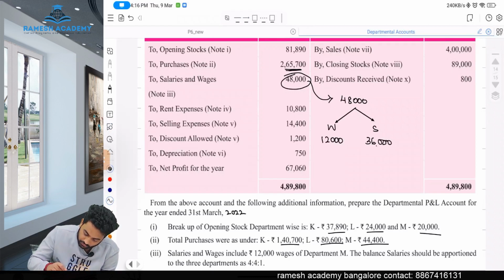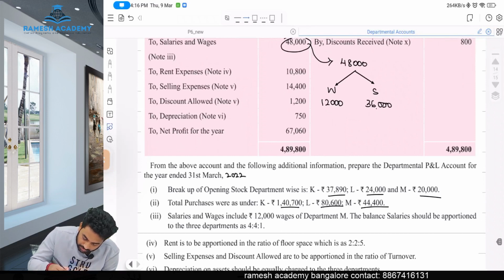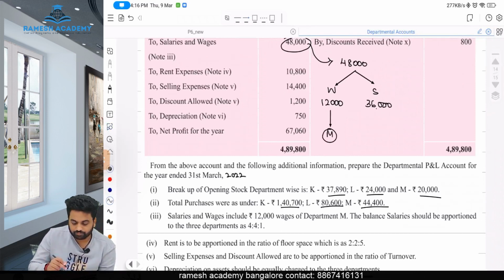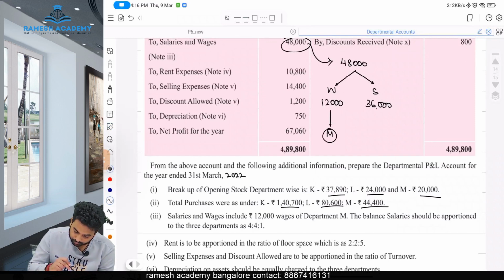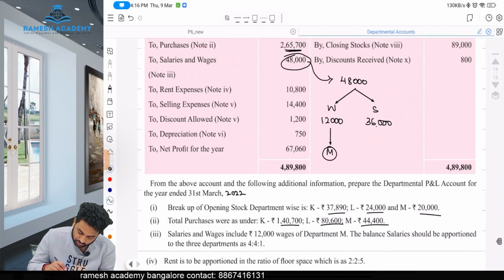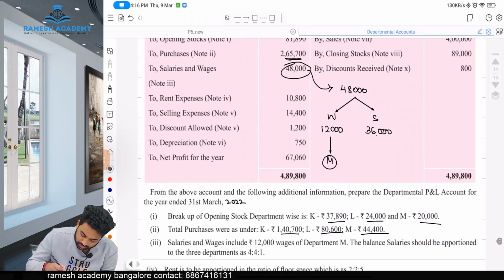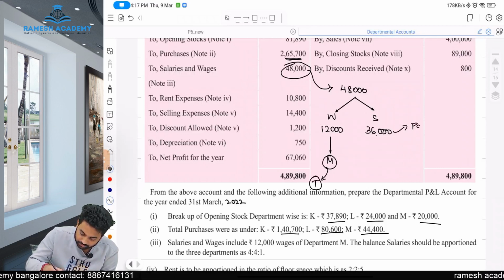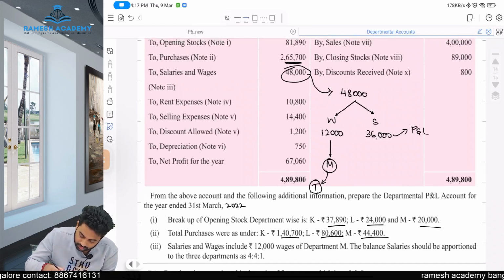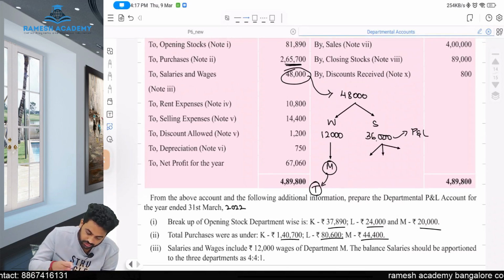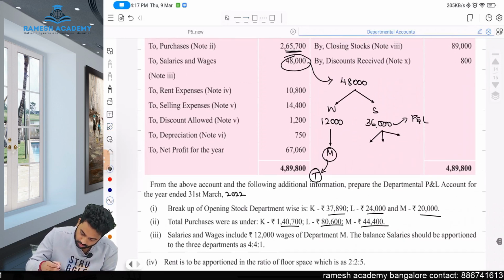Wages they particularly tell is of Department M. The balance salary should be apportioned to the three departments in the ratio of 4:4:1. Salary is a P&L item, not a trading account item, and upon that, it should be shared among three departments in the ratio of 4:4:1.